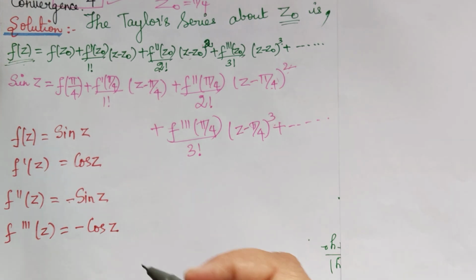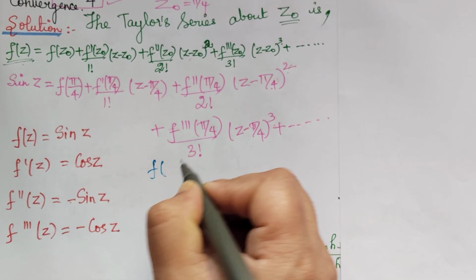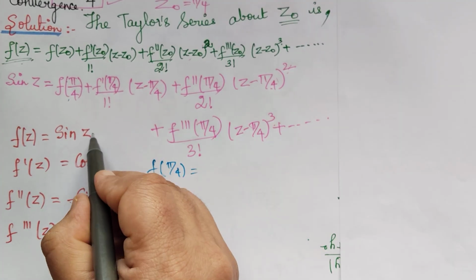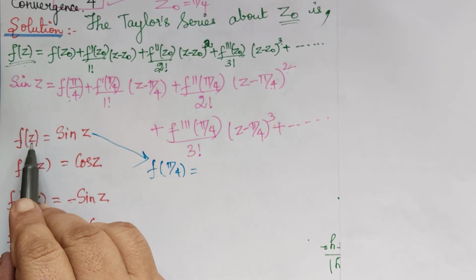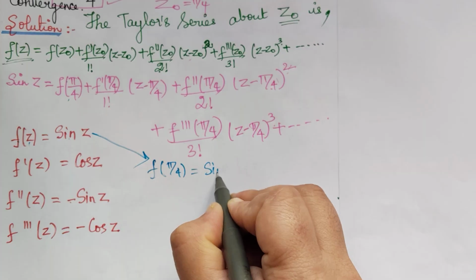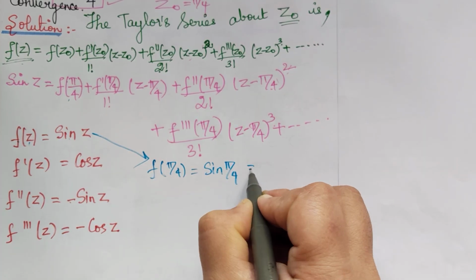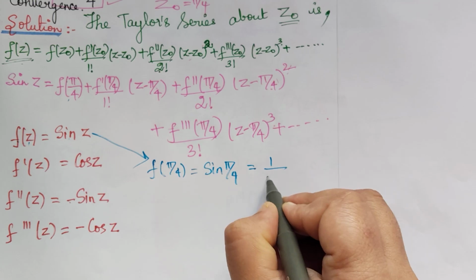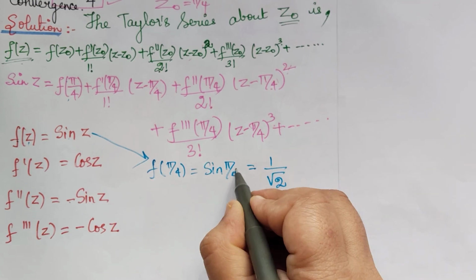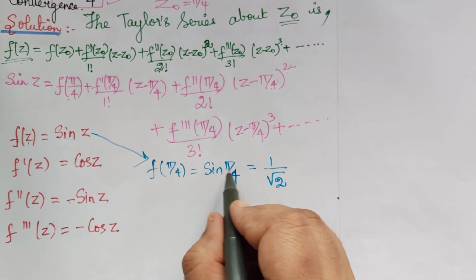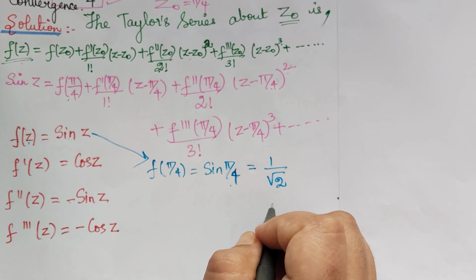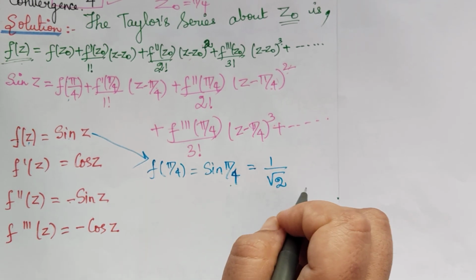Now, from this, we see that f of pi by 4 is sine pi by 4. And what is sine pi by 4? It is 1 by square root of 2. This is by the trigonometric angle formula, that is sine pi by 4 is 1 by square root of 2.